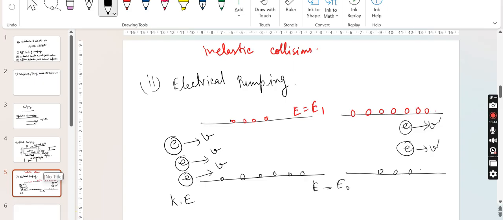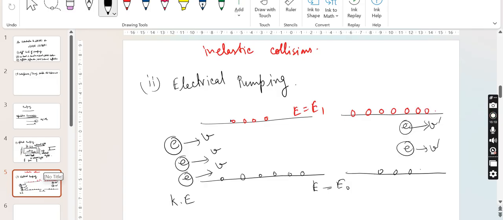This electrical pumping is mainly used in the gas medium because of the property of the gas, that most of the space in the gaseous medium is already empty. So to be a more efficient pumping method, we need a large number of electrons.